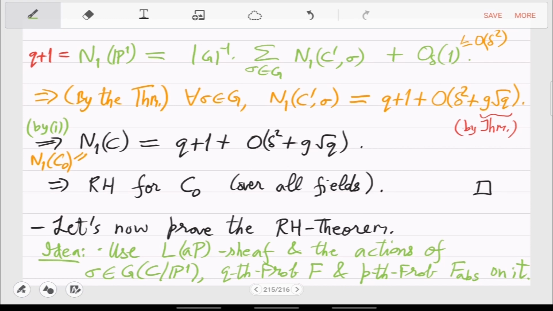So, this of course is a very clever proof. So, let us jump into the details.